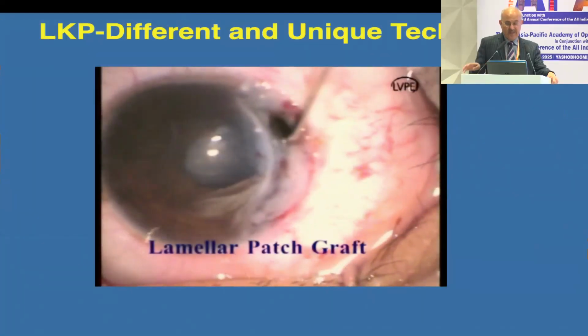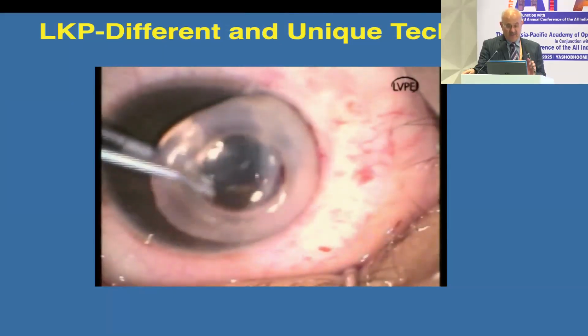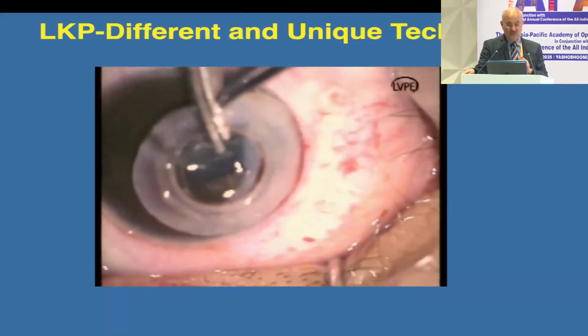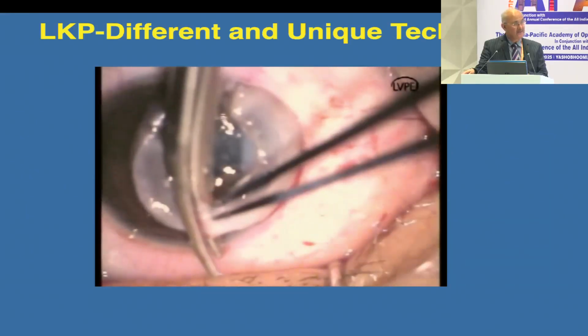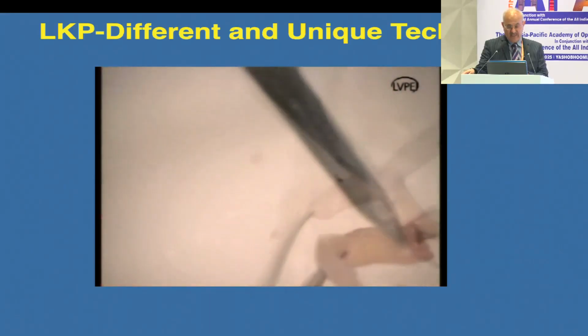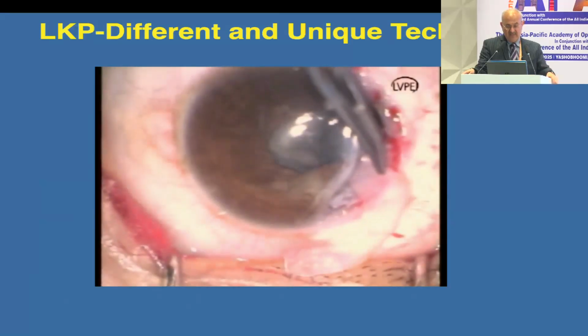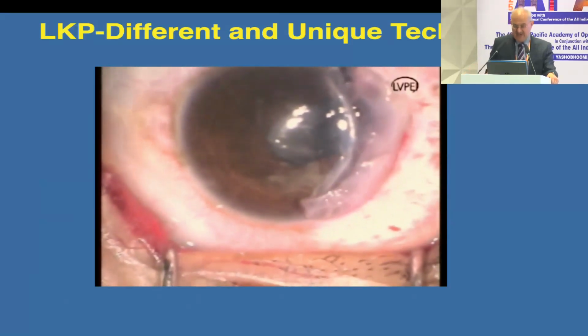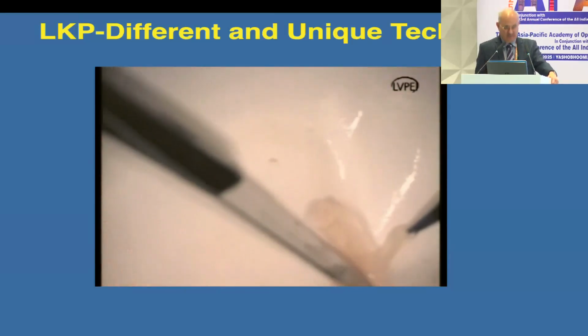This is another way of doing the patch graft, where there is a perforation, not only central perforation, then lamellar. So centrally we will seal the perforation first and then do a patch graft. And this was shown by Dahlia as well, about how to do a patch graft. If you are a corneal specialist, doing the patch graft is probably a little more complicated than PK, but it is doable.